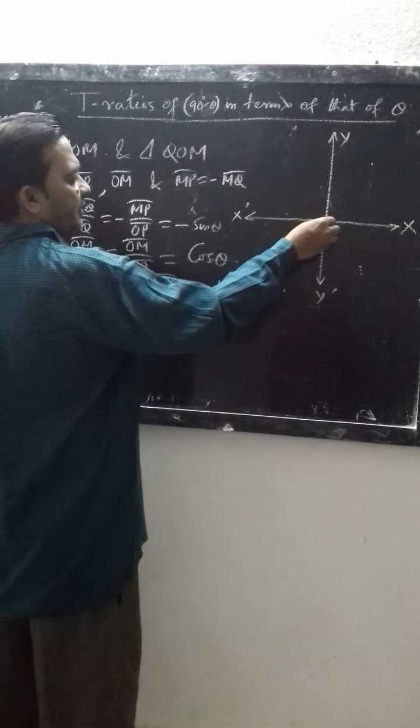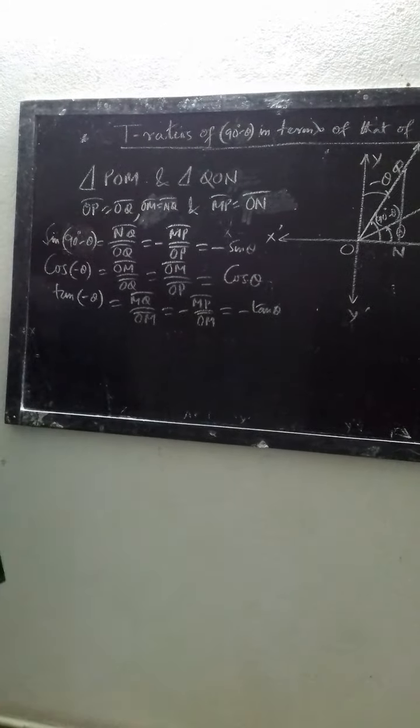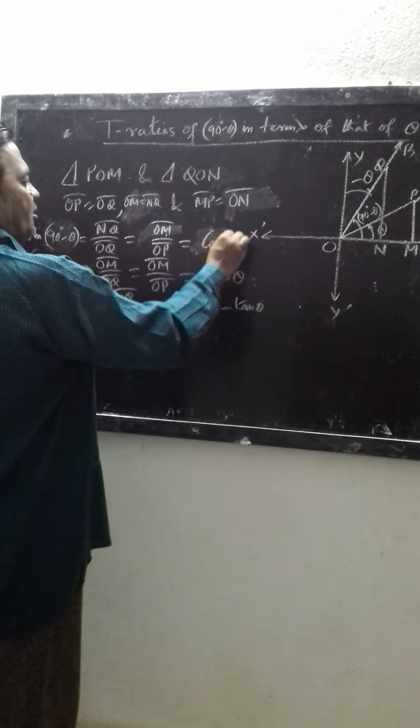So OP equal to OQ, OM equal to NQ, and MP equal to ON. Therefore sine 90 degree minus theta equal to NQ by OQ, NQ equal to OM and OQ equal to OP. So OM by OP equal to cos theta. Therefore sine 90 degree minus theta equal to cos theta.